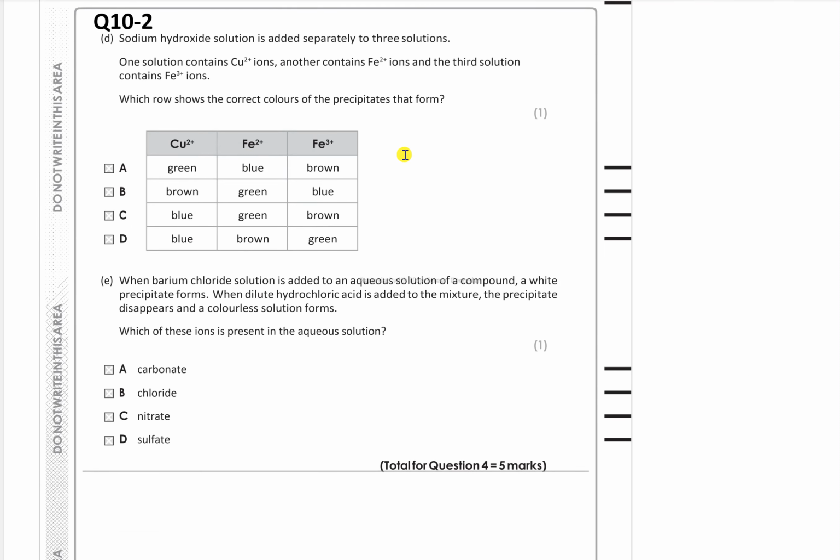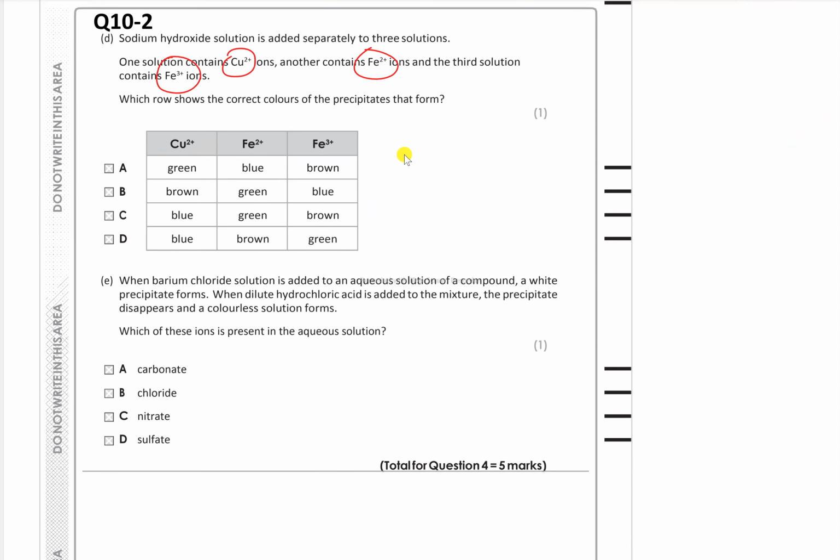Sodium hydroxide is added separately to three solutions: copper 2, iron 2, iron 3. Copper 2 is blue. Iron 2 is green.